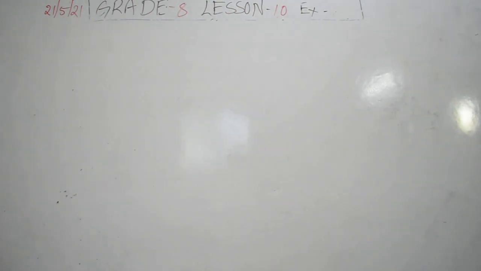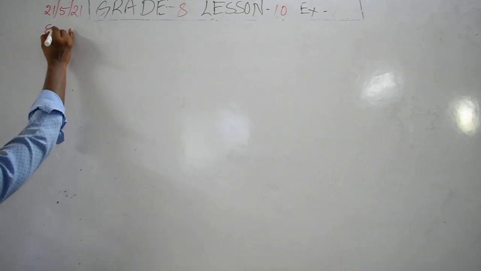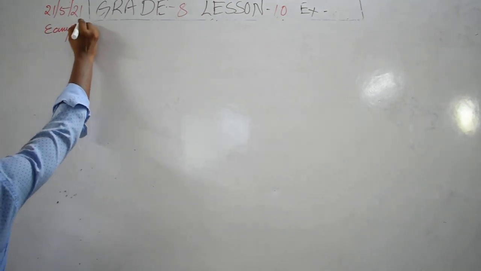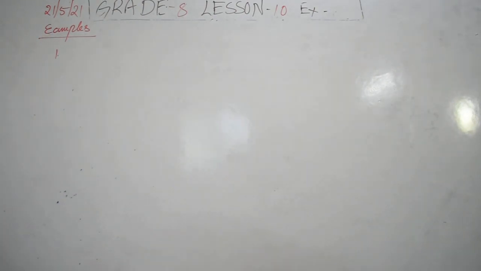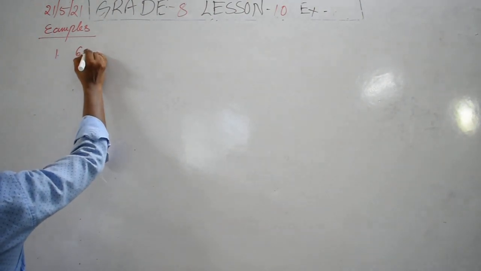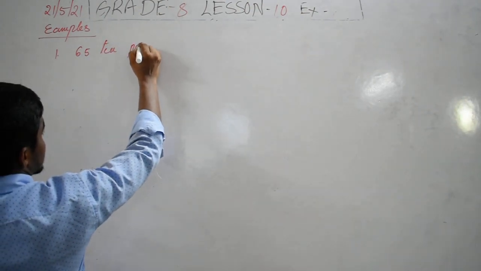Example 1. The cost of 65 tea packets, same size, is 2600. What is the cost of 75 such packets? Here see, 65 tea packets.